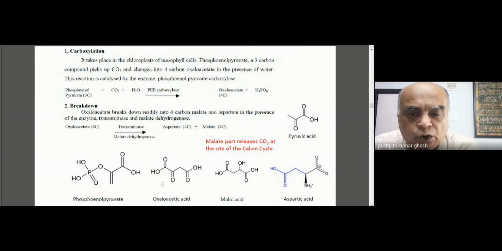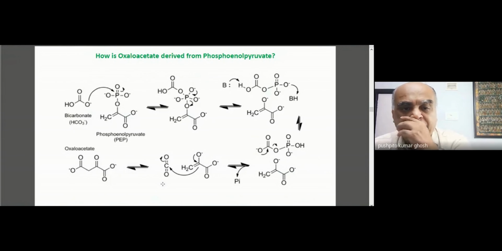Let me show you now how that happens. This is your phosphoenol pyruvate. Basically, carbon dioxide in the form of bicarbonate comes and attacks this molecule.